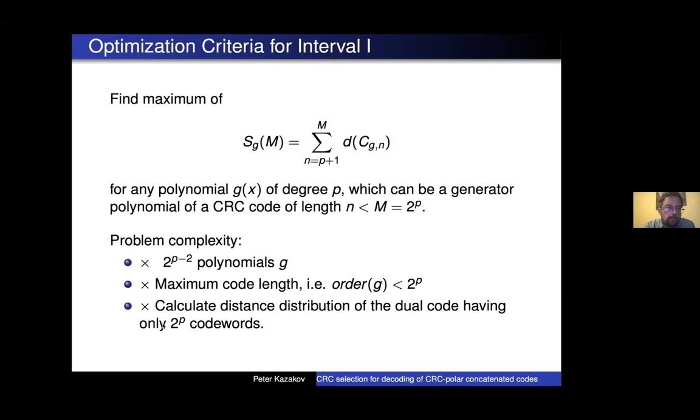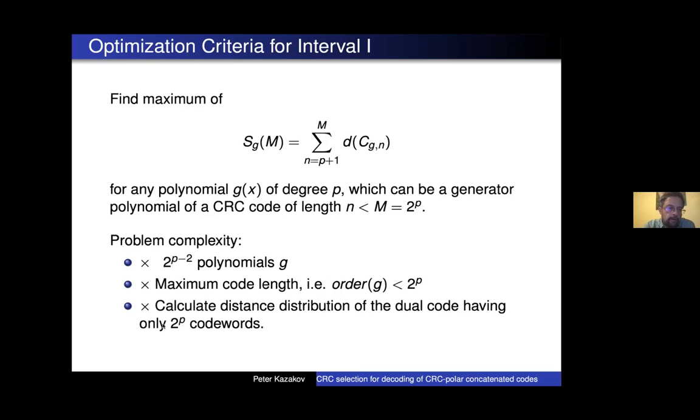And now, what is the problem complexity? Like I said, we have 2 to the power p minus 2 polynomials g. For each of these polynomials, we have to investigate the interval from p plus 1 to its order, and the order is less than 2 to the power p.